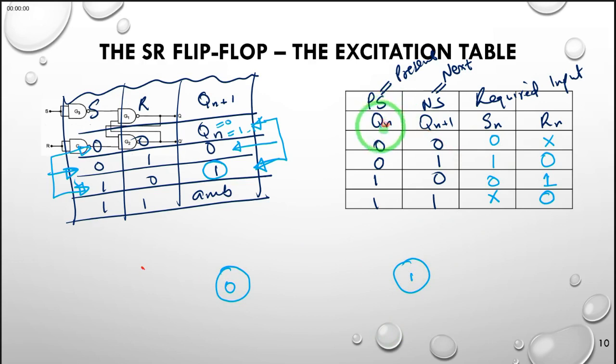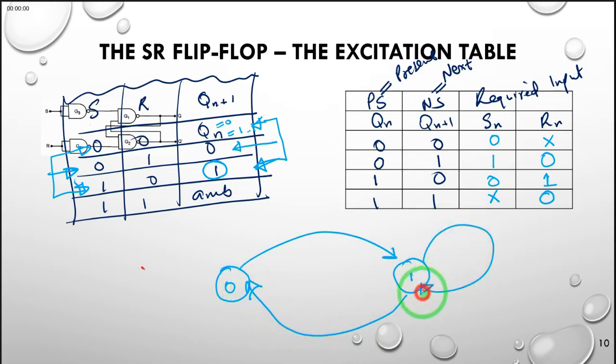So these are the two states. It is either at 0 or at 1. We can transition from 0 to 1 or 1 to 0, or we might be at 1 and remain at 1, or we were at 0 and we remain at 0. That is the first description of a state diagram.